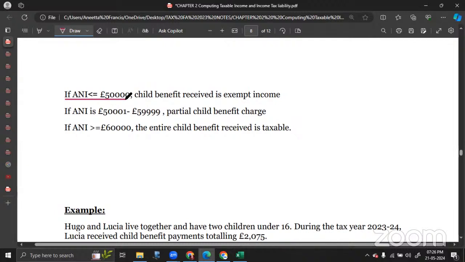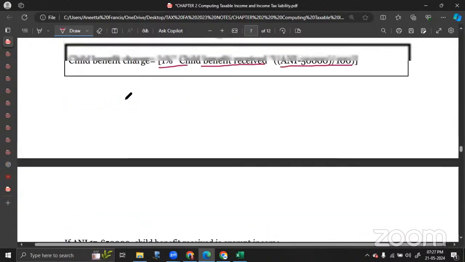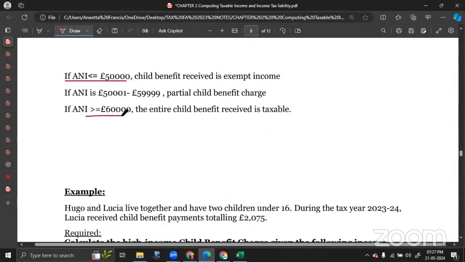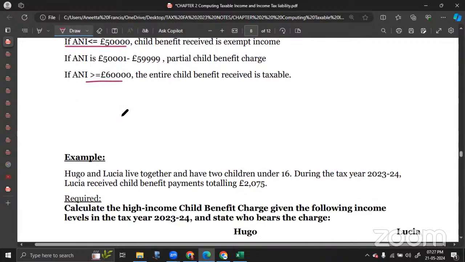If either one of them has their adjusted net income between 50,001 and 59,999, there is a partial charge, and this is how you do the partial charge computation. And if it is above 60,000 for either one of them, the entire amount they received, they will have to give it back as tax.